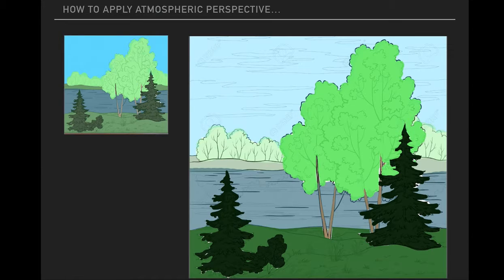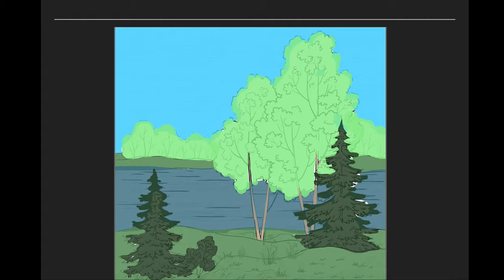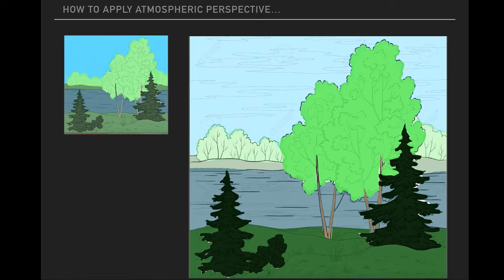So here's how I would apply atmospheric perspective. The picture to the left is showing what I just showed you here, right? The picture on the right is how I adjusted the color. So you can see I'm using the idea of atmospheric perspective. The things in the foreground are a lot darker. They're more intense, more vibrant and rich in color.